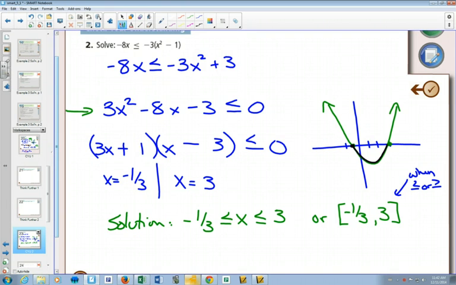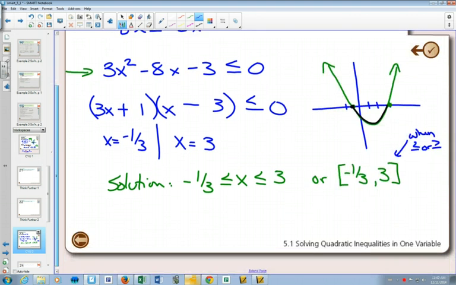So when it's part of the solution, we use square brackets. And because it can equal 0, those values would be included. As a number line, you would have negative 1/3 and 3. This time your circles would be filled in because they're included.